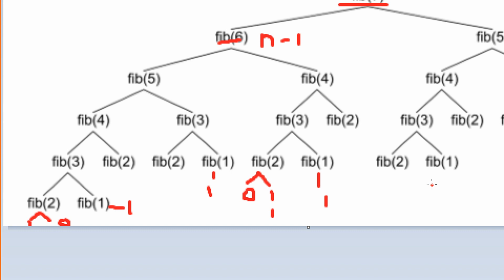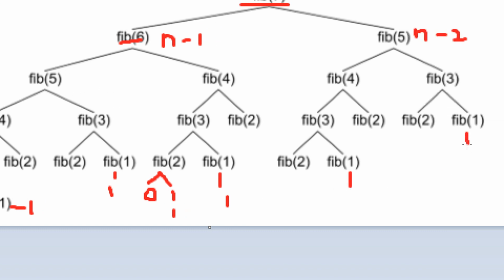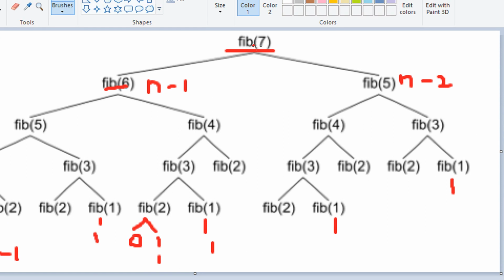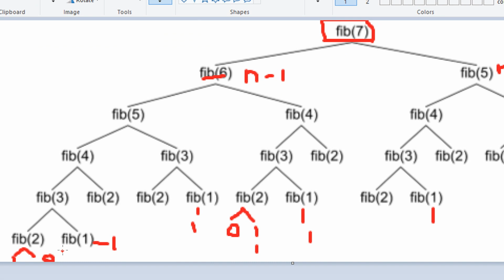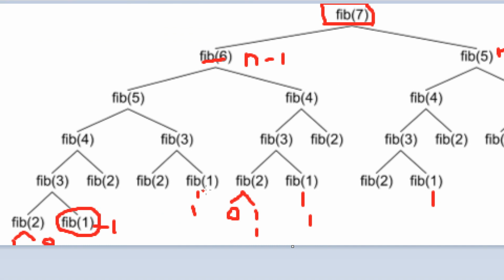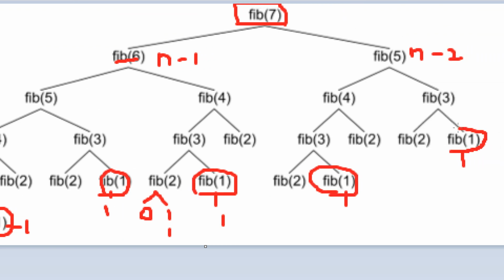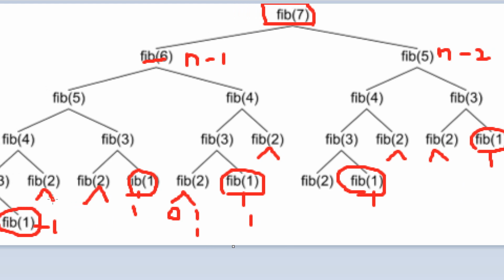So you can see that for the same Fibonacci value required, Fibonacci of 7, I am computing Fibonacci of 1 so many times: 1, 2, 3, 4, 5. And every Fibonacci of 2 will again get expanded into Fibonacci of 1 and Fibonacci of 0. So this is just a wastage of computer resources. You are computing the same value again and again.